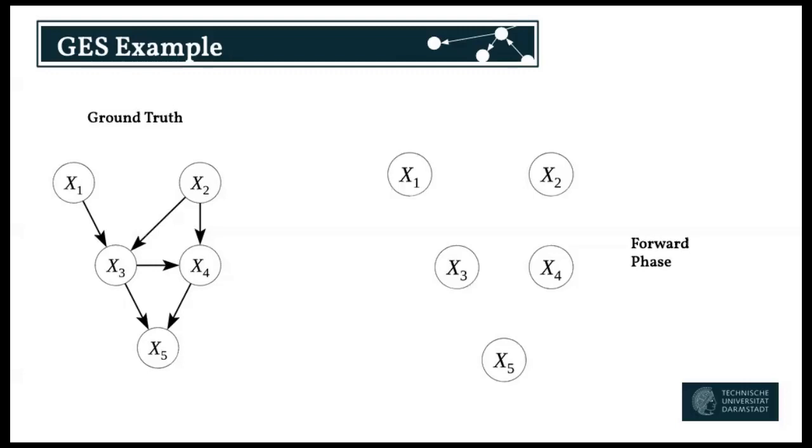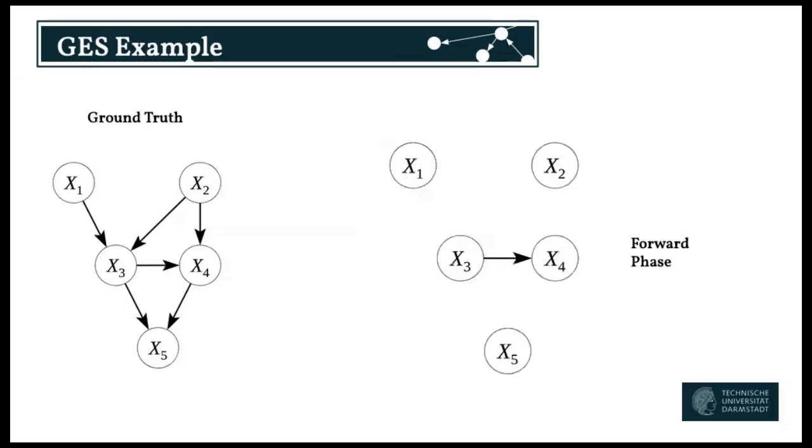Since we don't have any edge here, we just add an edge, and we do it such that we iterate over all possibilities in this case and identify the edge that yields the highest score, and that's the greedy part of this algorithm.